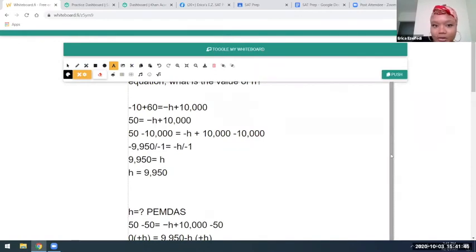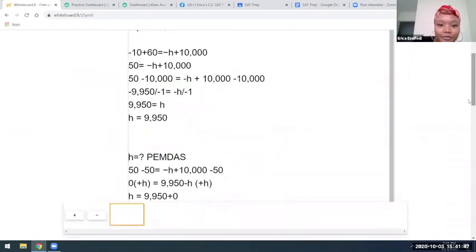Hold on, I'm trying to scroll. See, we got the same answer, but we used two different things. But the thing is, we got the same answer because we made sure to pay attention to the equal sign and make sure that whatever we did on one side, we did on the other.